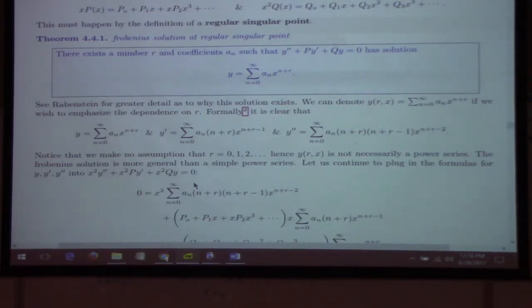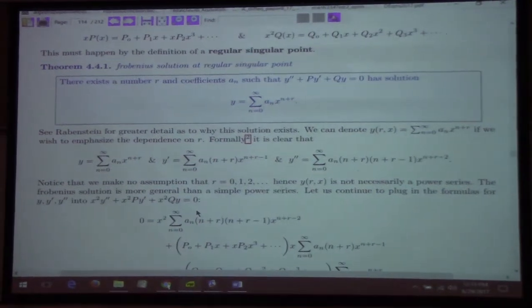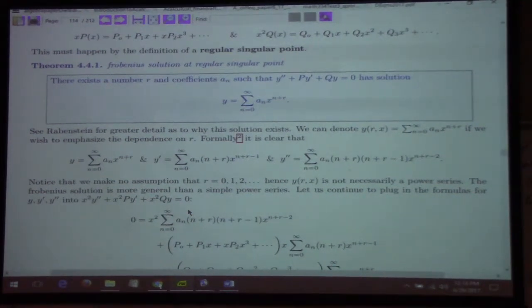Now, before we even get any further into it, why is this different than what we've already done? I mean, isn't that just a power series? How is this different?